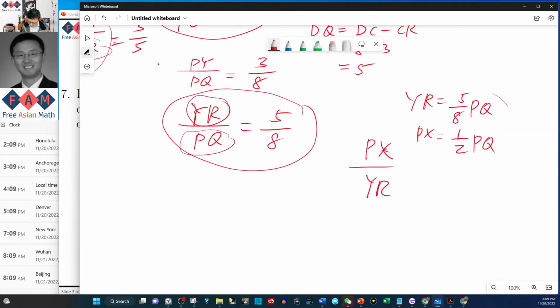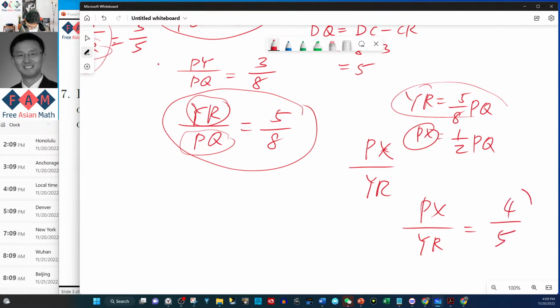So the ratio between PX and YR is just 1/2 over 5/8. That's 4/5. Because this guy is just 1/2 of it, and this guy in the bottom is 5/8 of it. That's slightly bigger. So the ratio is 4/5.